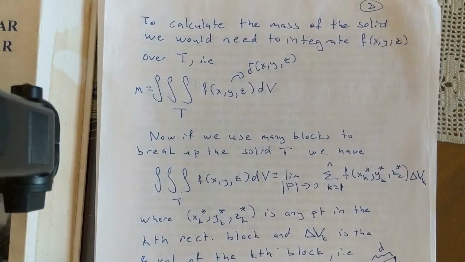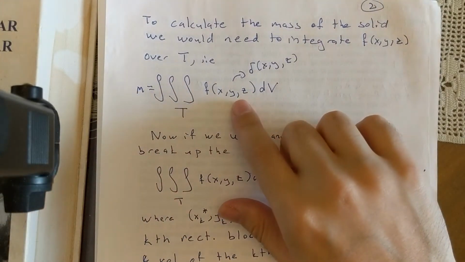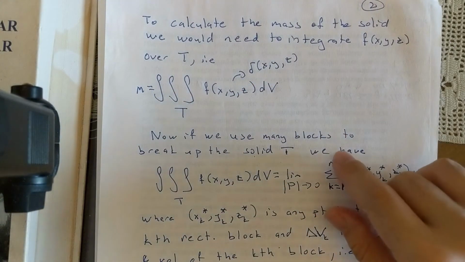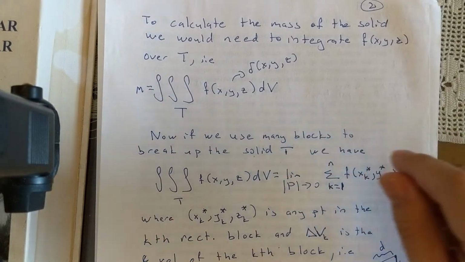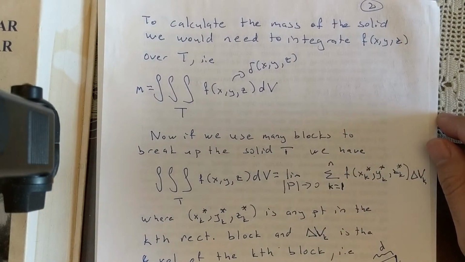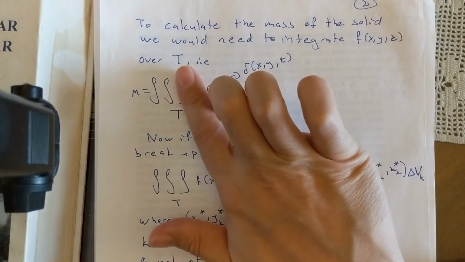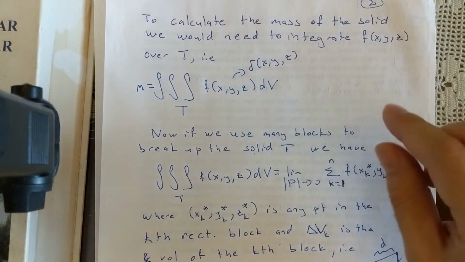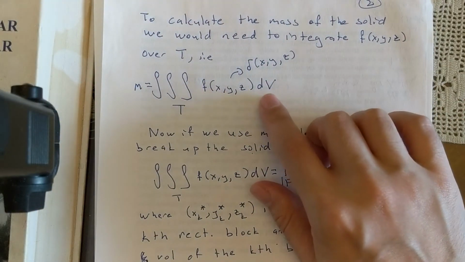Okay, so we'll have the triple integral over the whole solid of this continuous function, in our example a density function, dV, just like the double integral was over the region, dA. This is dV, where this is the volume differential.